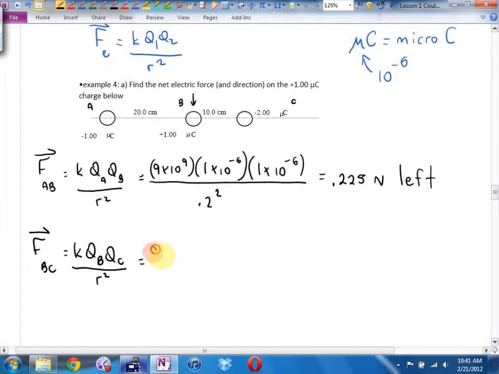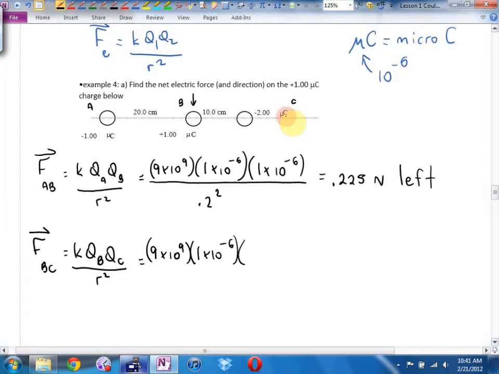It's going to be 9 times 10 to the 9th. Emily, how big is the charge on charge B? 1 microcoulomb, 1 times 10 to the negative 6th. How big is the charge on charge C? Negative 2 microcoulombs.